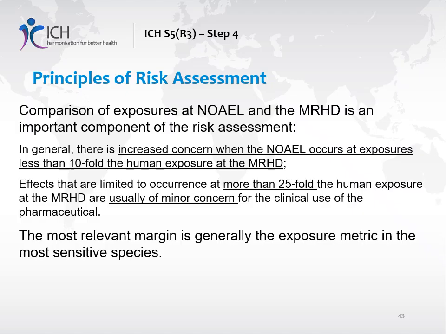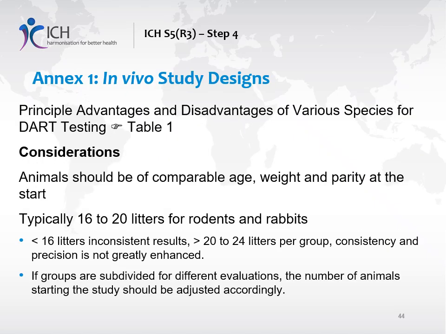Embryo-fetal toxicity observed in the presence of maternal toxicity should be considered carefully to determine the likelihood that the finding is relevant for humans. Principal advantages and disadvantages to the use of various species utilized in DART studies are outlined in Annex 1.